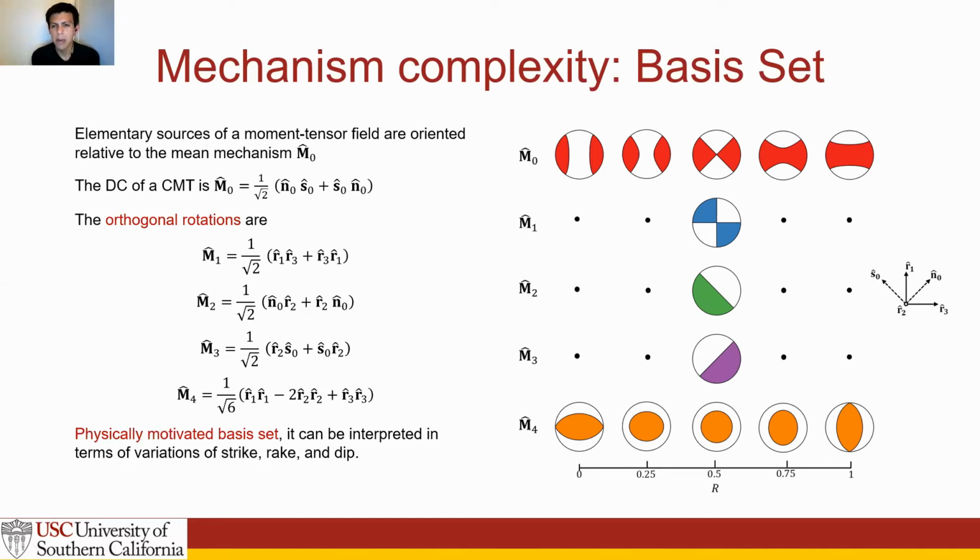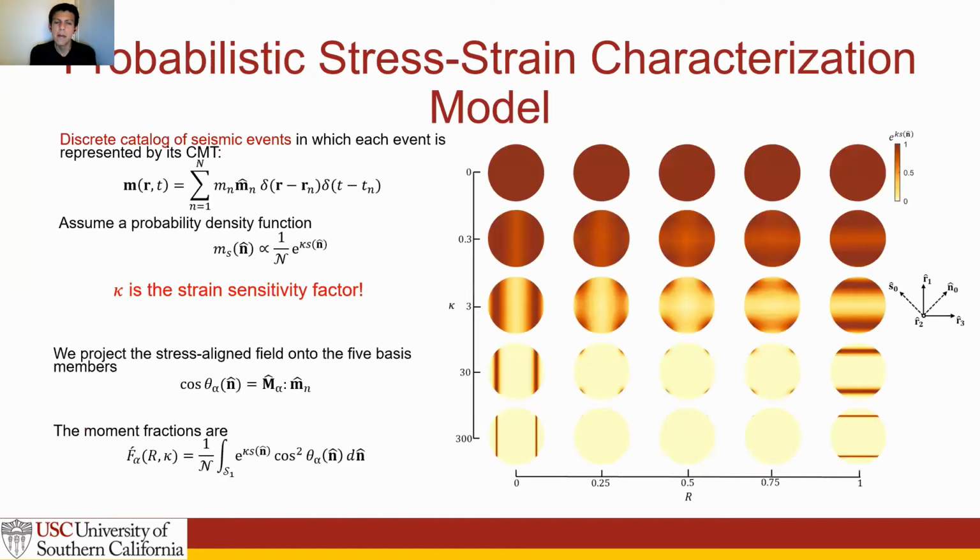M4 complements the basis set by accounting for the CLVD component that is not accounted for in the CMT. This basis is physically motivated. In previous papers by Tom Jordan and myself, we speak about different ways of constructing basis sets that are of interest in seismological applications.